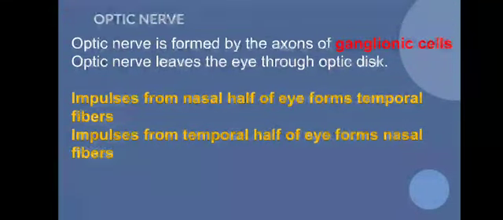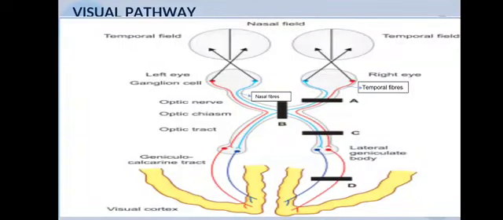The optic nerve is formed by the axons of ganglionic cells. It leaves the eye through the optic disc. The impulses from the nasal half of the eye form the temporal fibers, and the impulses from the temporal half of the eye form the nasal fibers. Which means in this diagram we can see the temporal field and the nasal field.